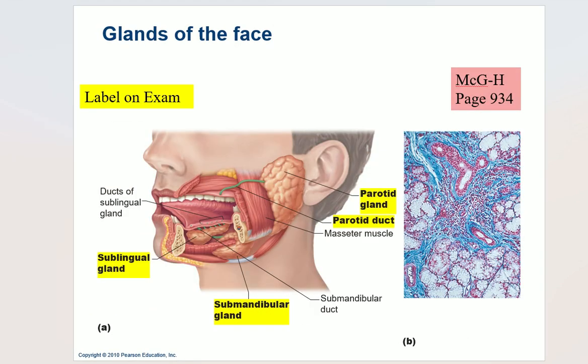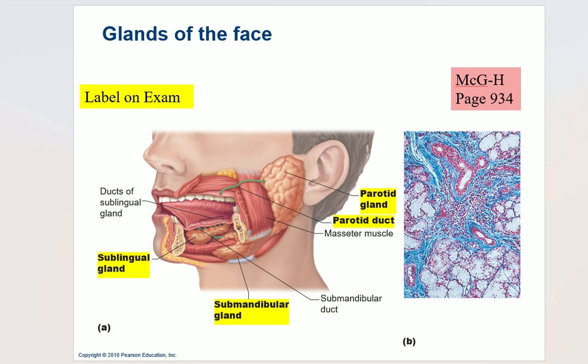All right, glands of the face. So the parotid gland is the most encountered specifically during mumps. So that's the gland right here in front of your ears. Mumps is a viral infection of the parotid glands. Most of us get vaccinated against this. We'll never have this. Know this, okay?